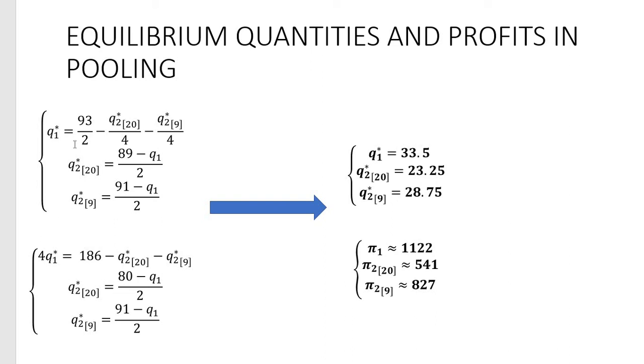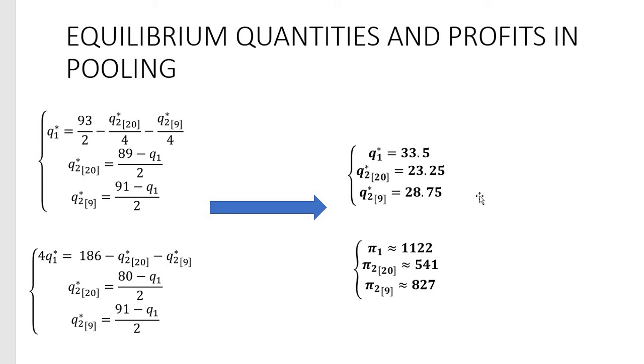Okay, so then, just some simple algebraic problem. You have to solve this system of three equations. I decided to put Q2 of 20 and Q2 of 9 into the best response function of the first firm, but of course it's up to you. So when you solve it, you should get something like this.